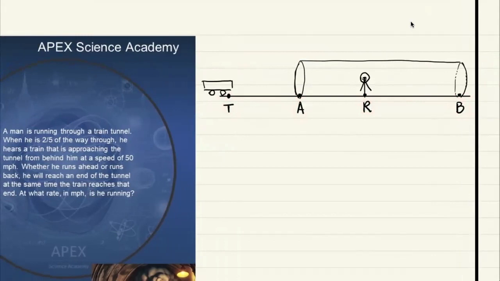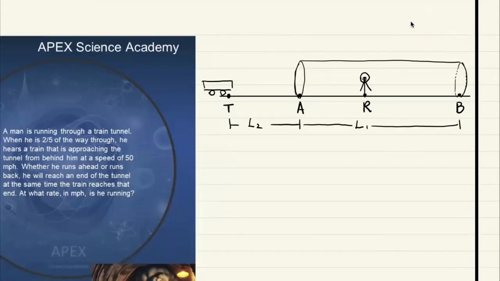When the runner hears the train approaching, let's assume the distance between A and B is L1, which is also the length of the tunnel. Let's further assume the train is at a distance of L2 from point A initially.